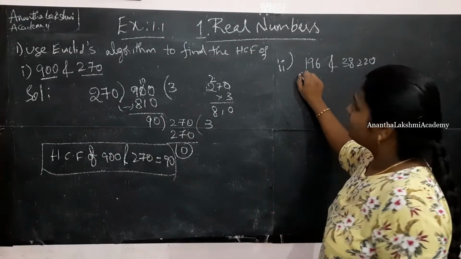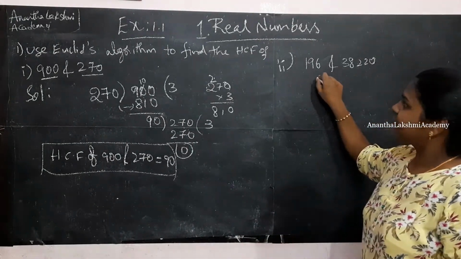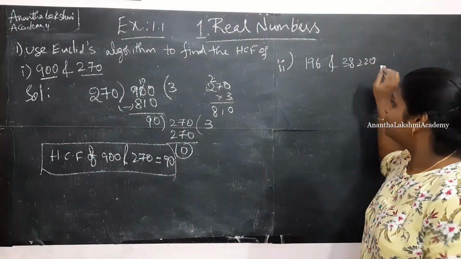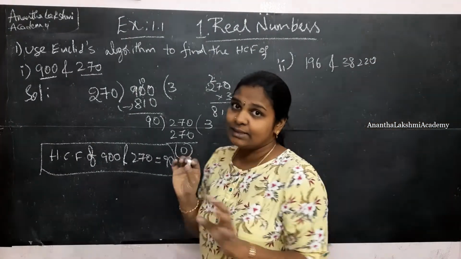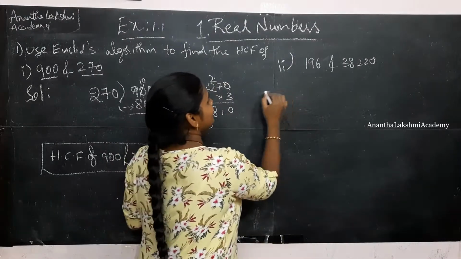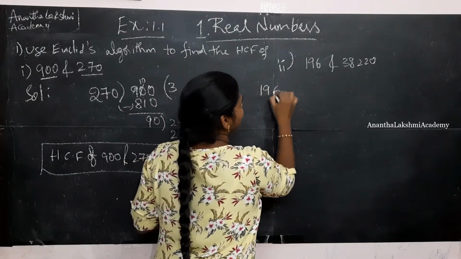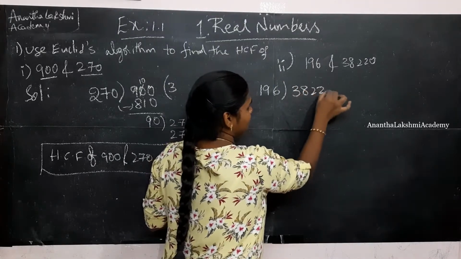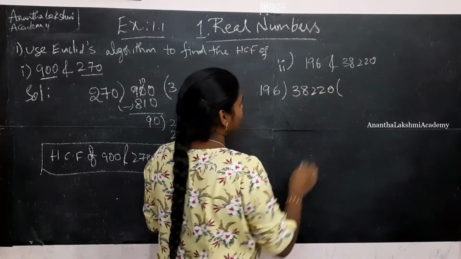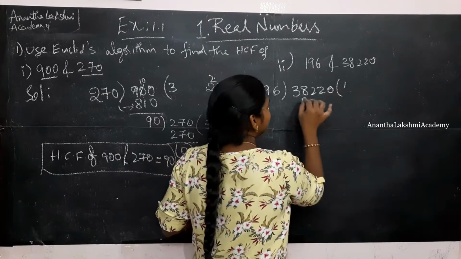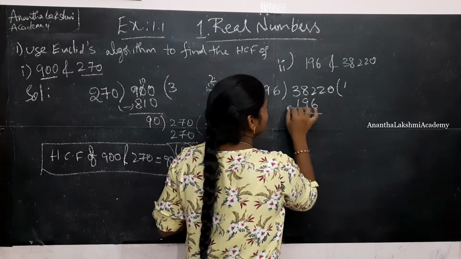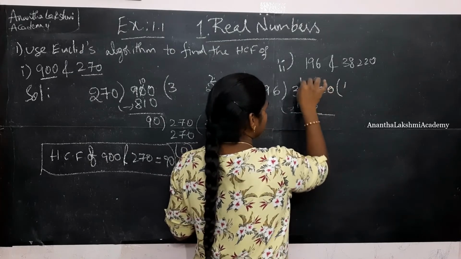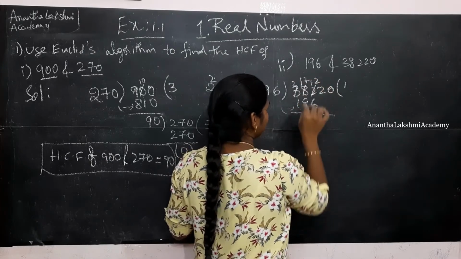Alright, so let us solve the next one, 196 and 38220. What is the smaller number? 196, right? And the bigger number should be the dividend, 38220. Okay, 196 ones are 196. Now this is going to be 12, and this is going to be 7, and this is going to be 2.